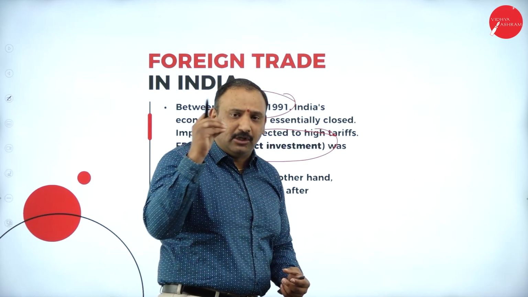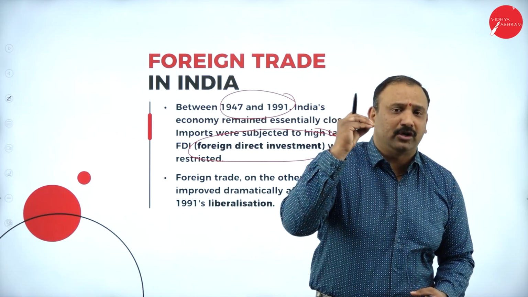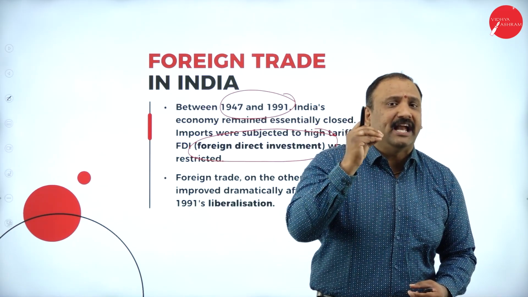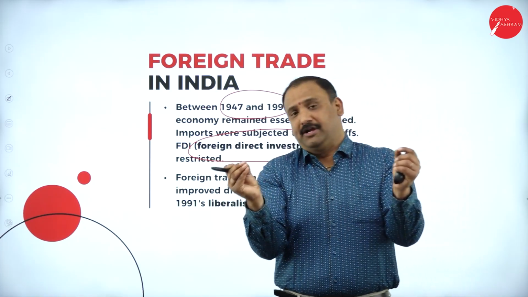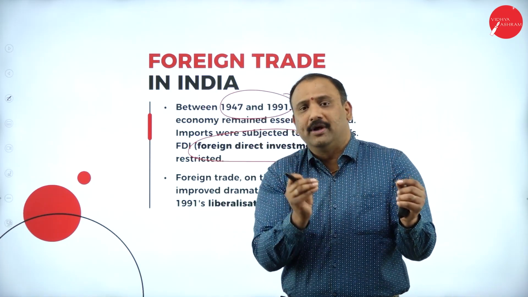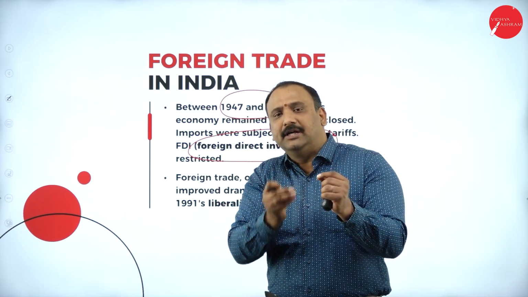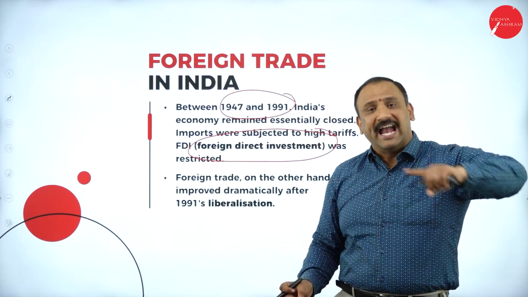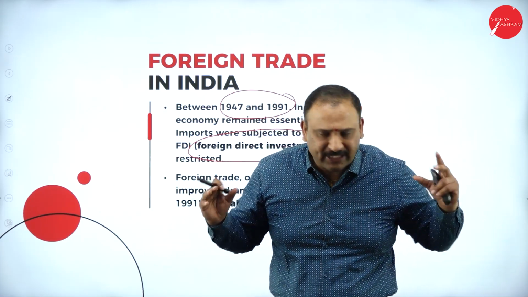We gave a lot of importance to the public sector. We gave a lot of importance to homegrown industries, and we wanted India to develop more from a job security standpoint. So we were trying to make every sector come under the priority of the government, and we were not thinking about exports and imports at that point of time. We were not ready to open up our economy at all.